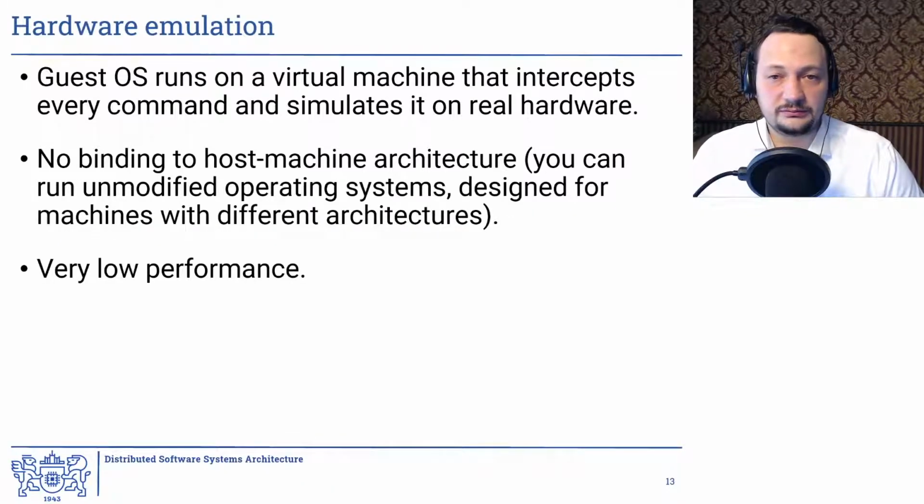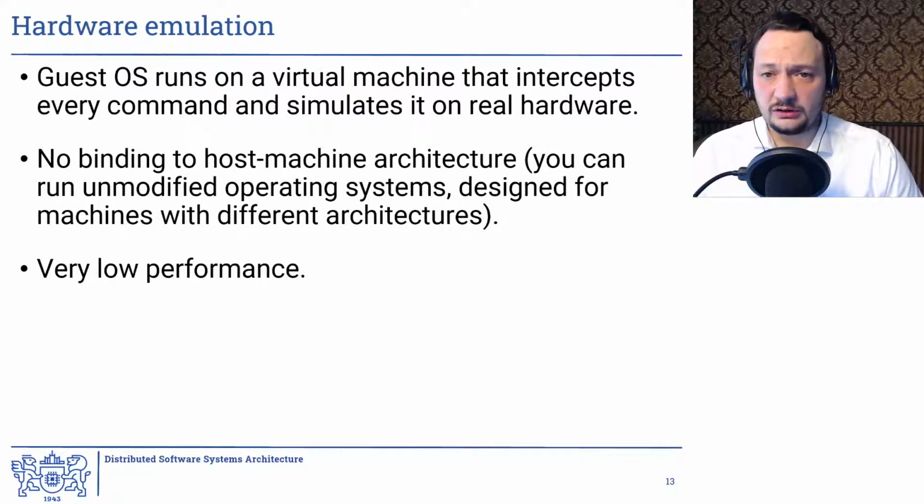The types of virtualization. Historically, the first type of real virtualization was hardware emulation. Hardware emulation means that the guest operating system runs on a virtual machine that intercepts every command and simulates it on the real hardware.